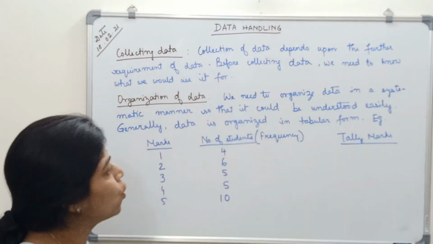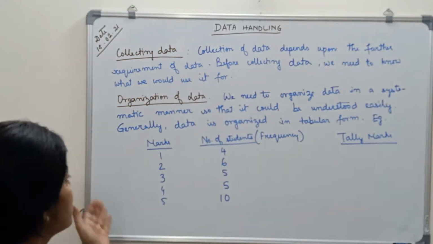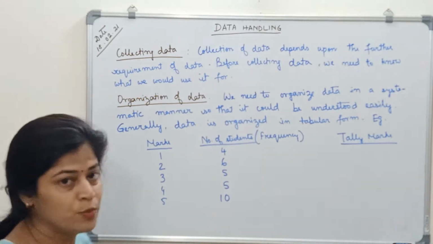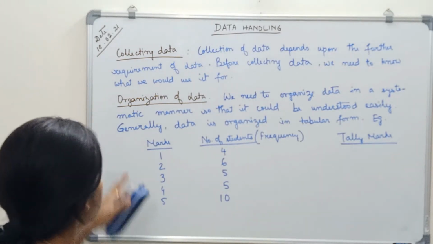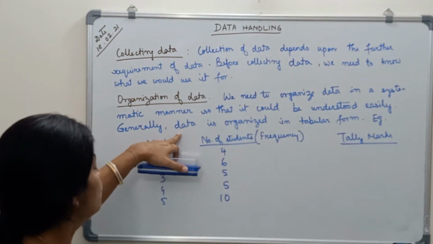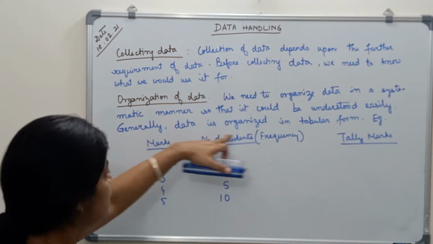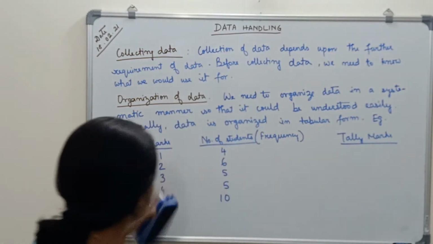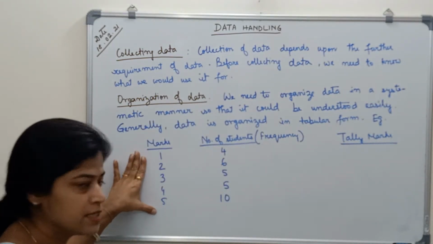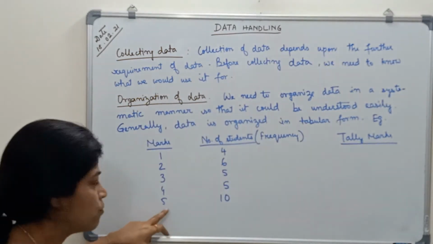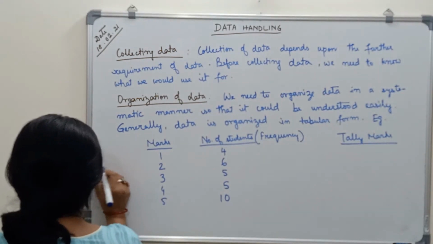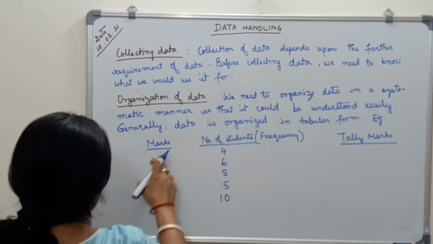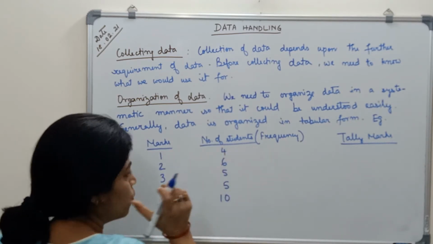Now, what is organization of data? We need to organize data in a systematic manner so that it can be understood easily. Generally we use data in an organized, tabular form. For example, suppose there is an exam out of 5 marks, and the number of students who got 1 mark is 4.